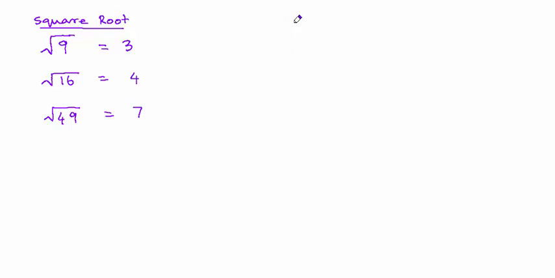Similarly, we have something called the cube root. Essentially, it's denoted by the same symbol with a small 3 outside. And when we have a number inside that symbol, for example 27, we are trying to find out a number that multiplies with itself 2 times.